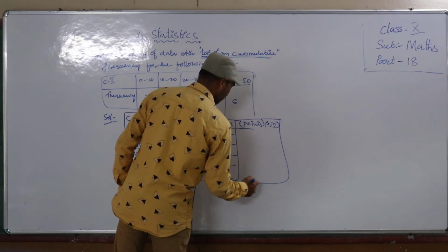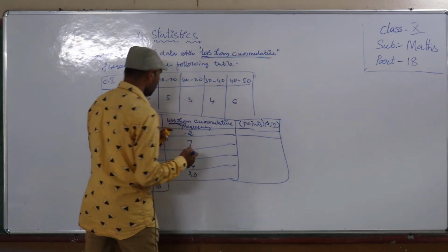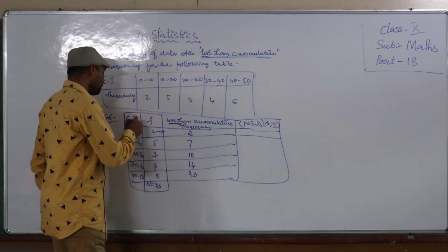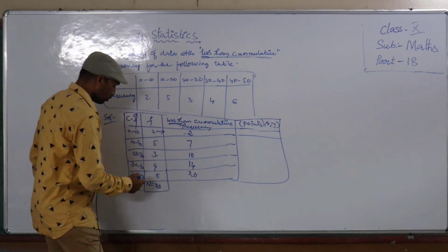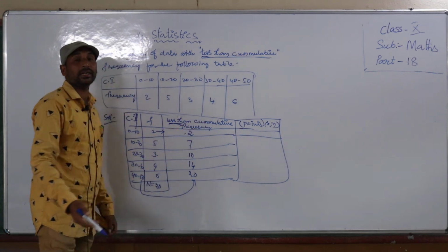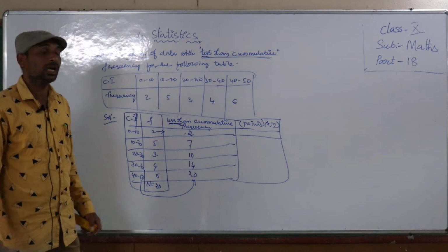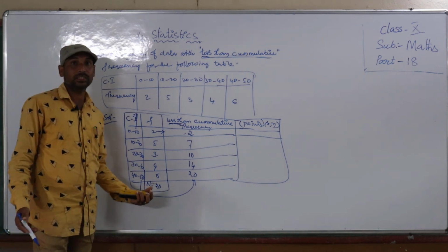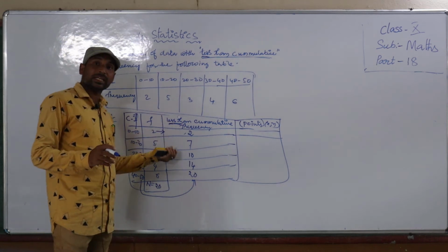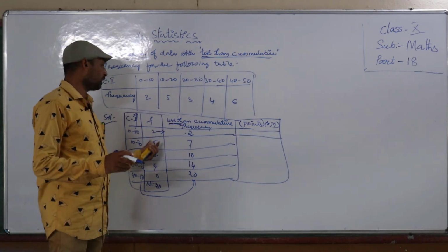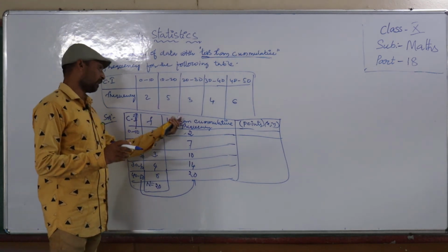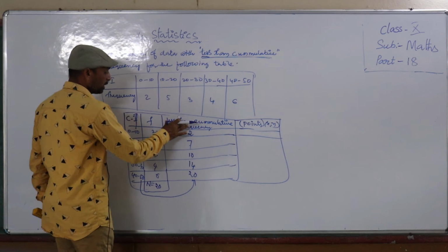Here they gave less than cumulative, so we should take upper limits. If they ask greater than cumulative frequency, we should take lower limits. So for less than, upper limits; for greater than, lower limits.